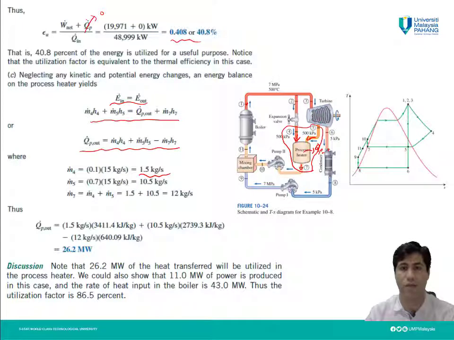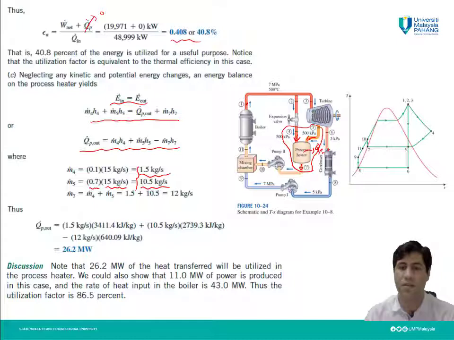It is assumed that all of this steam goes to the turbine, and 70% of that is routed to the process heater. So 0.7 times 15 kilogram per second means 10.5 kilogram per second of steam also comes from this line to the process heater. So m dot 5 will be 10.5 kilogram per second.